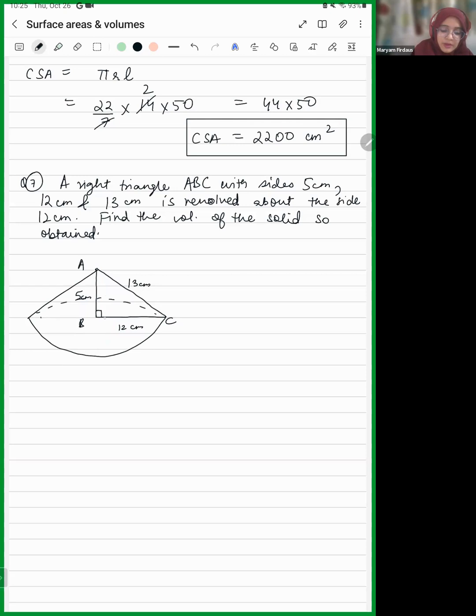You remember how when we make a cone, we say that this is a right angled triangle. This is your height, this is your radius, this is your slant height.